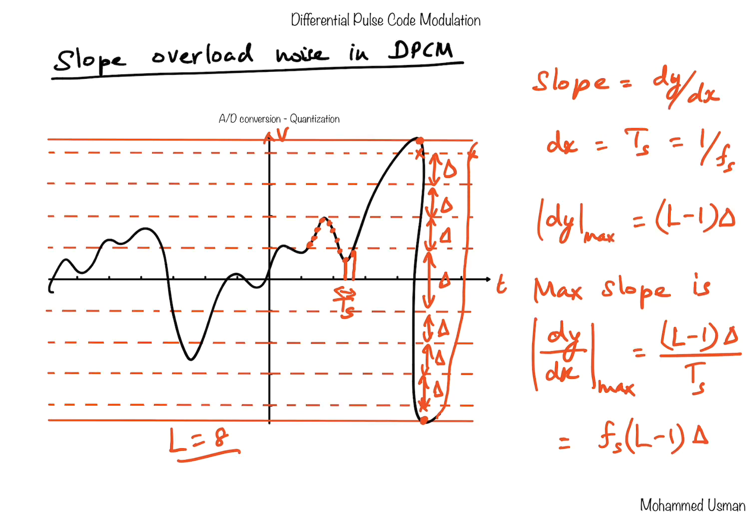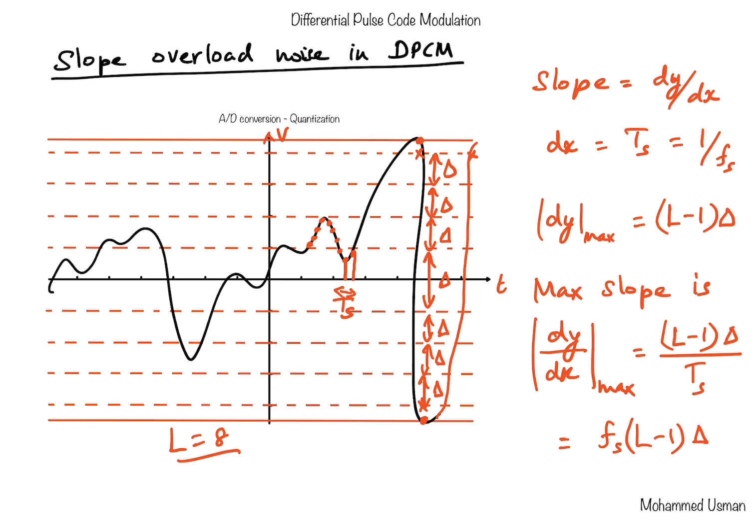So we want to ensure that this maximum slope is at least the highest slope of the input signal. If we ensure that this maximum slope is greater than or equal to the maximum slope of the input signal, then we can avoid the situation of slope overload in DPCM.